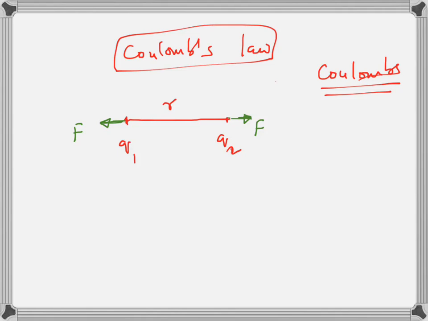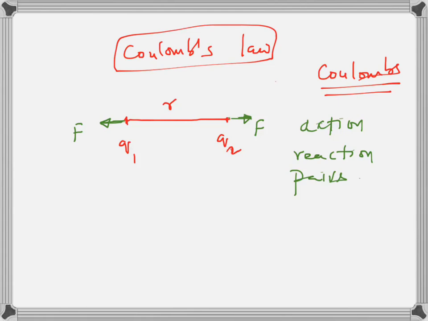Then you see the force is on both the charges. Q1 will repel Q2, Q2 will repel Q1. These are what is called action reaction pairs. So the magnitude of both these forces is the same.